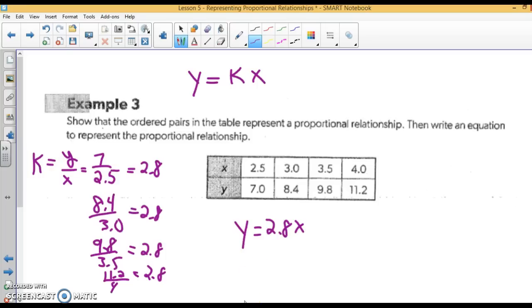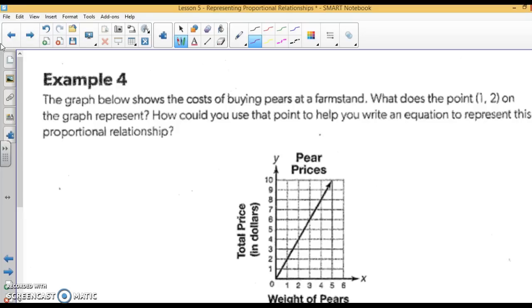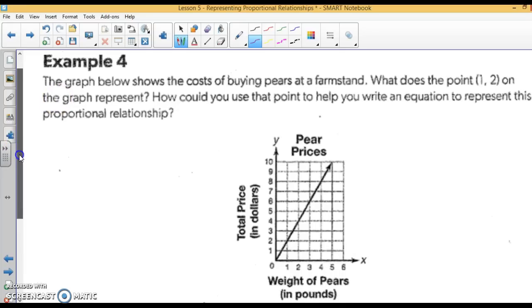k is the constant of proportionality. Okay. The graph below shows the cost of buying pears at a pharmacy. What does the point 1, 2 on the graph represent? How could you use that point to help you write an equation to represent the situation?